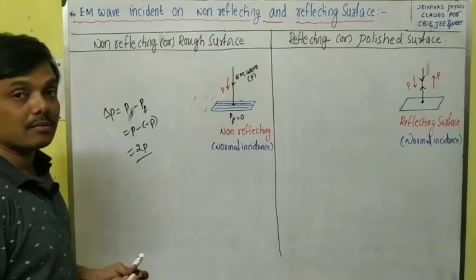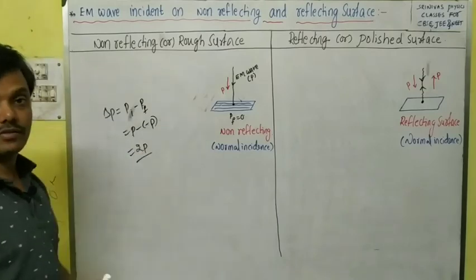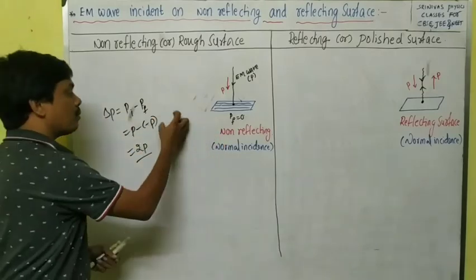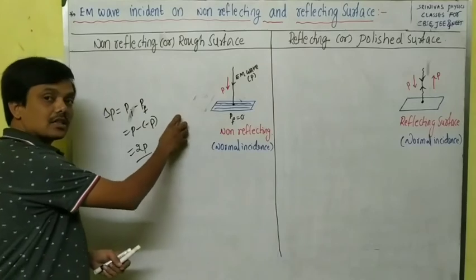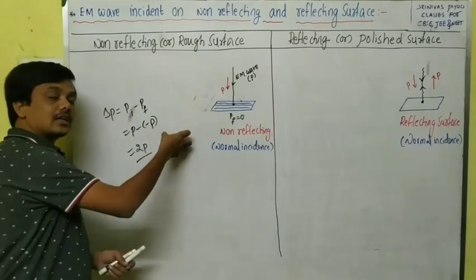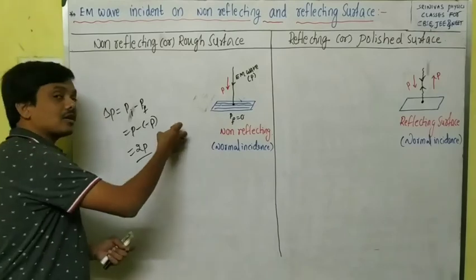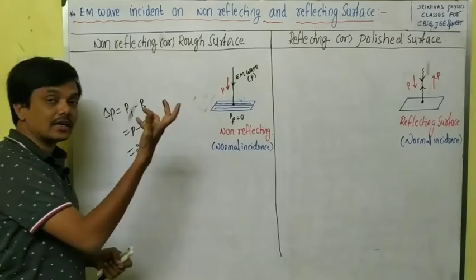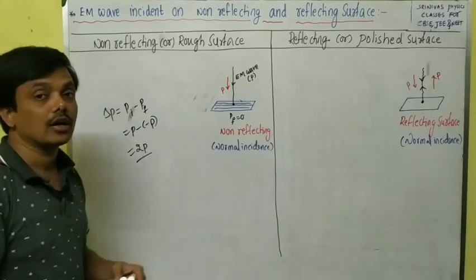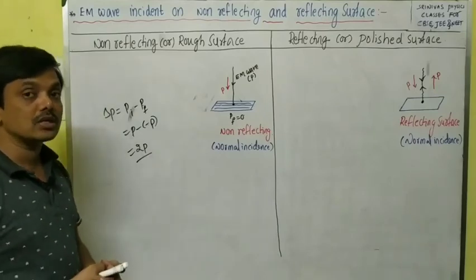But sometimes if it is a non-reflecting surface, for example, I throw the ball and the ball is attached to the surface. That means after hitting, its momentum becomes 0, its velocity becomes 0. It will stick to the wall. It is not bouncing the ball, right?